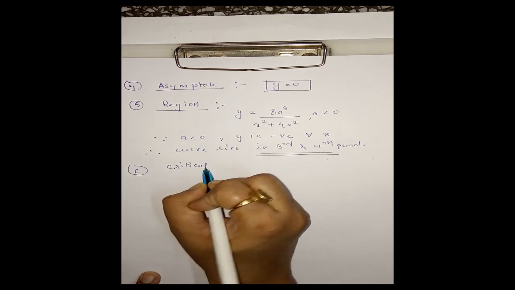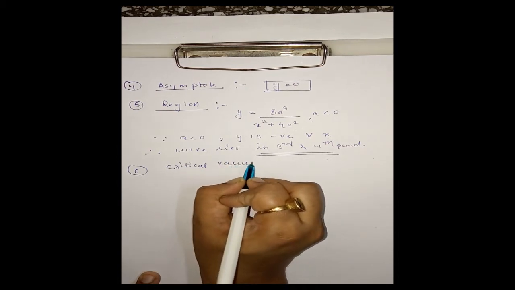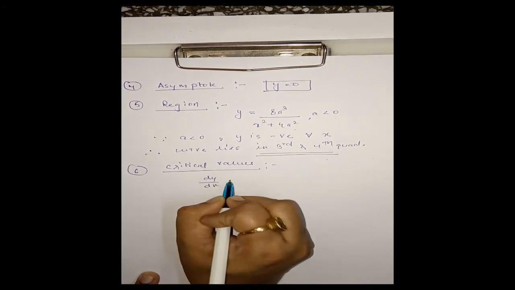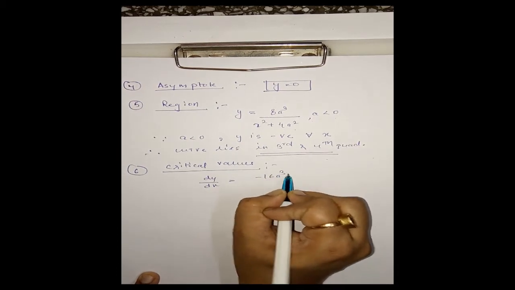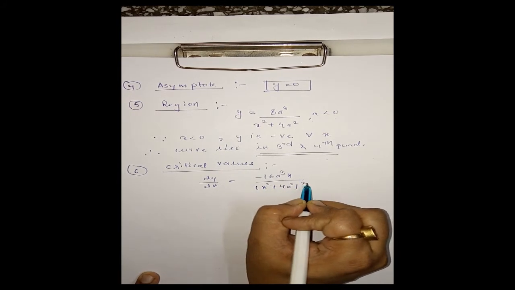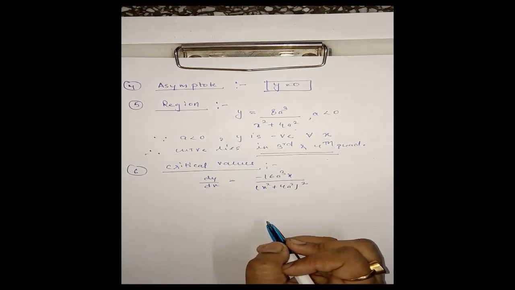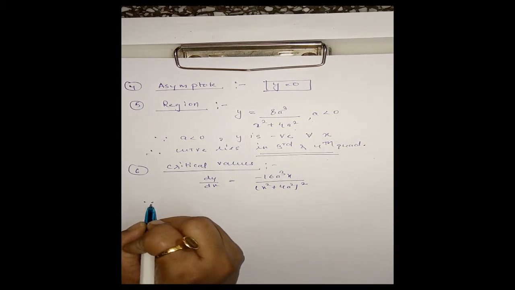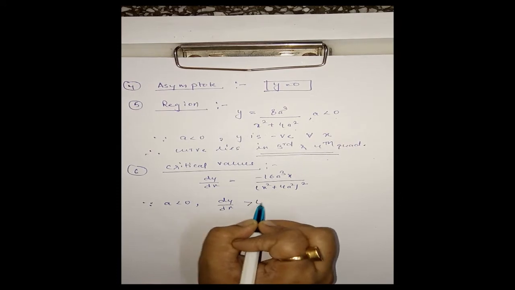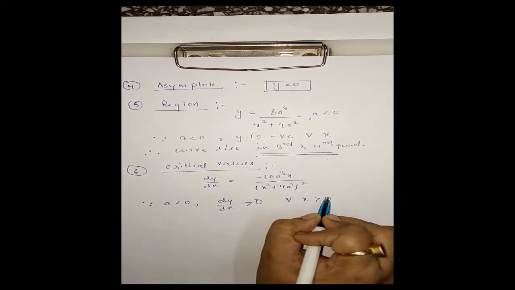there is a difference in critical values also. Critical values: here dy by dx is minus 16a cube x by x square plus 4a square whole square. Now here, since a is negative, dy by dx is positive when x is greater than 0.